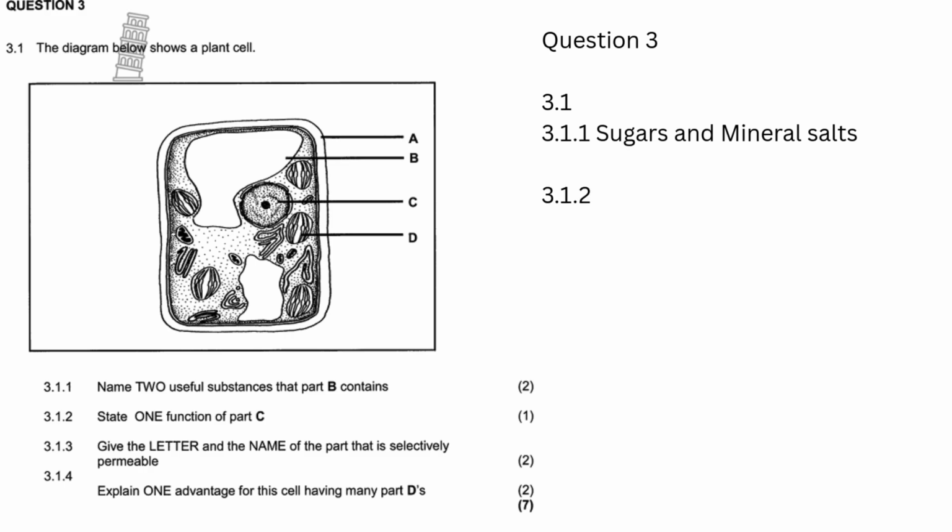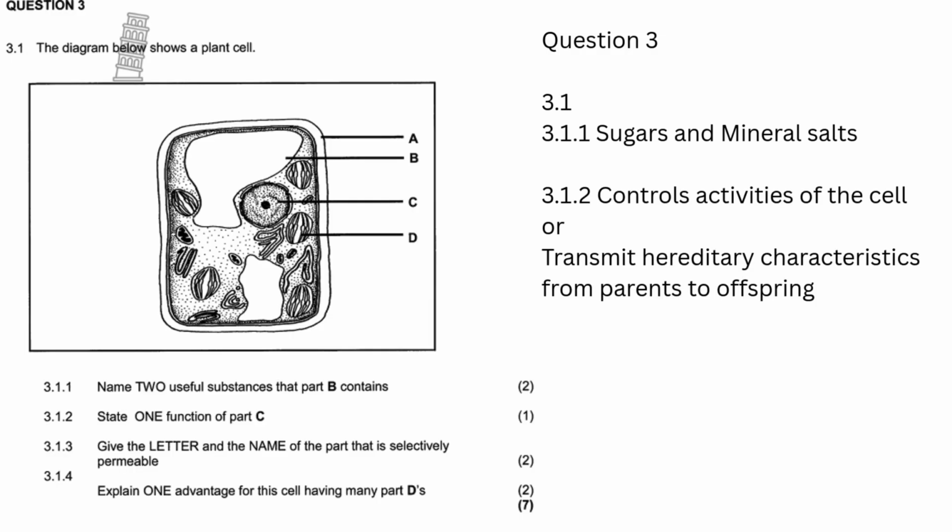Okay, question 3.1.2 states one function of part C, out of 1 mark. The answer is controls the activity of the cell or transmits hereditary characteristics from parents to offspring. Why is that? Part C is the nucleus.